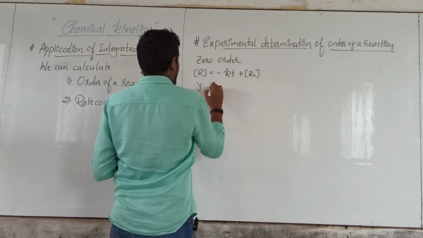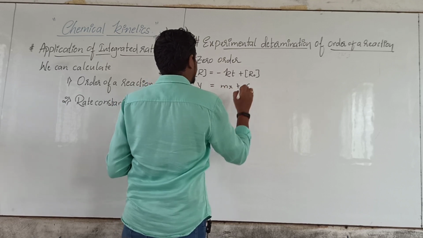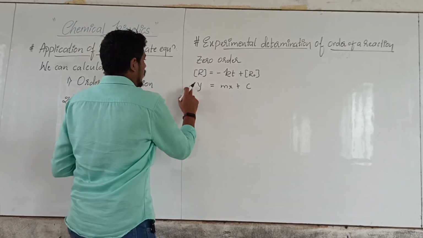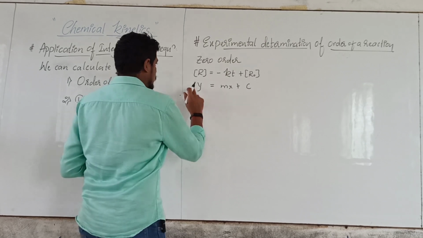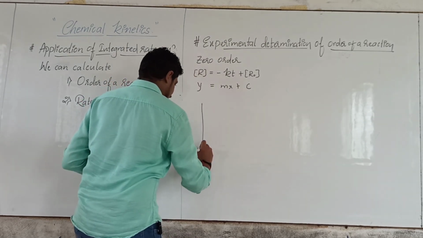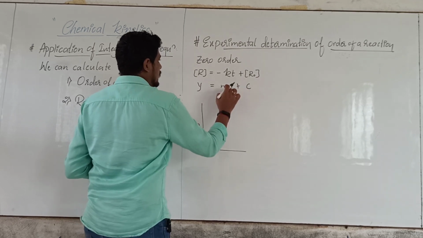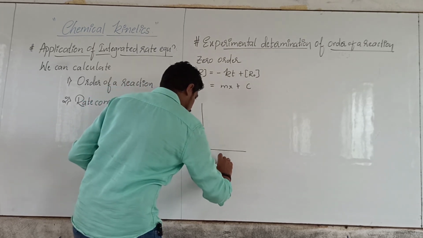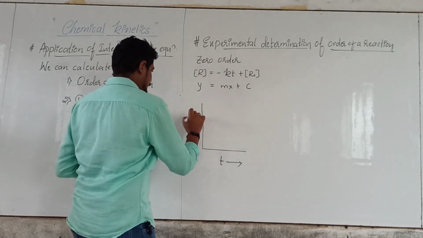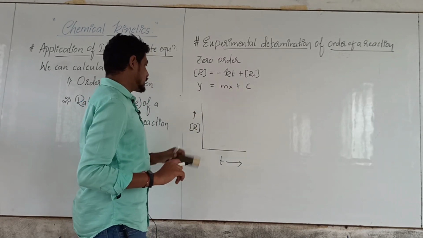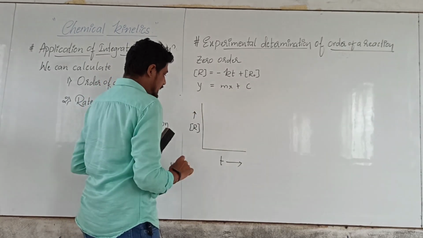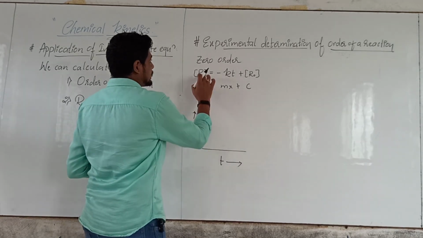Now this is like y is equal to mx plus c. Along the y-axis you plot the concentration, R, versus time. Time you have to plot along the x-axis. For a zero order reaction, what will you get?